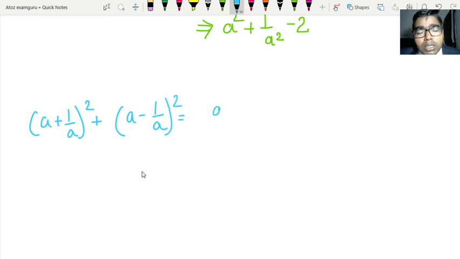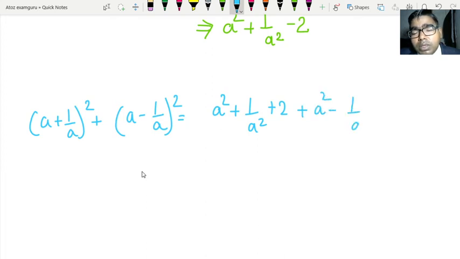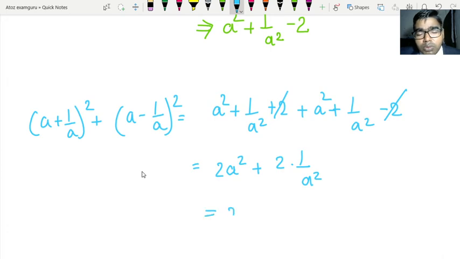You will get a² + 1/a² + 2 + a² + 1/a² - 2. The 2 and minus 2 cancel out, and now you get 2a² + 2 × 1/a², and you can take 2 common, so it becomes 2(a² + 1/a²).